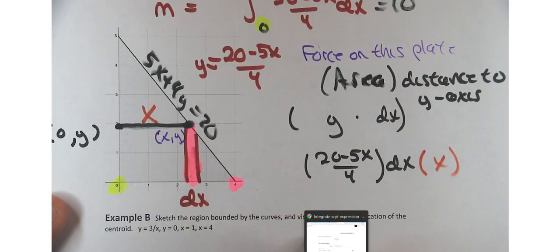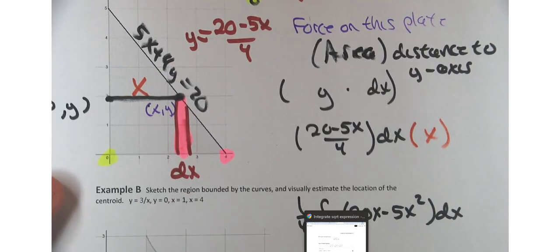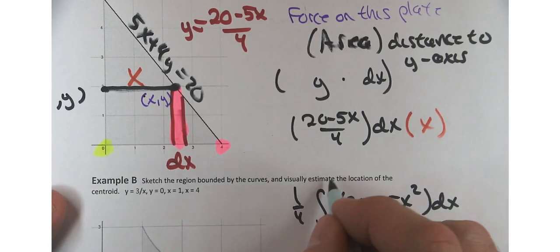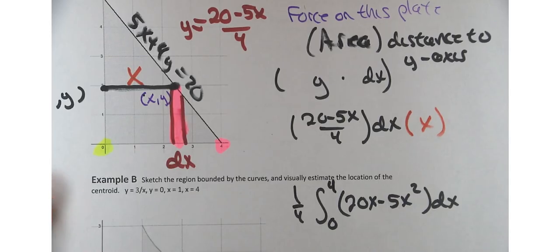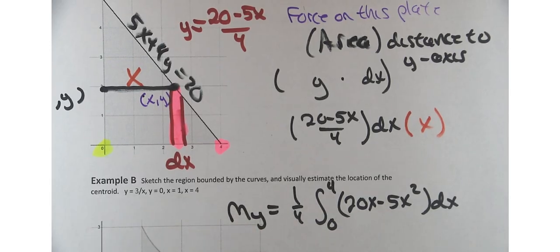I'll have 1/4 the integral of 20x minus 5x squared dx, and we're going to have the same limits as we did before, 0 to 4, like that. That's going to be M sub y, your moment around the y-axis.